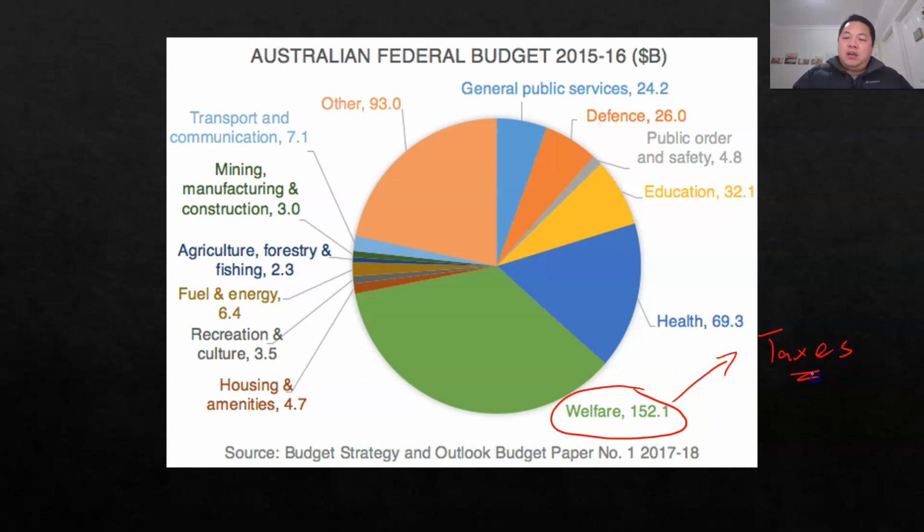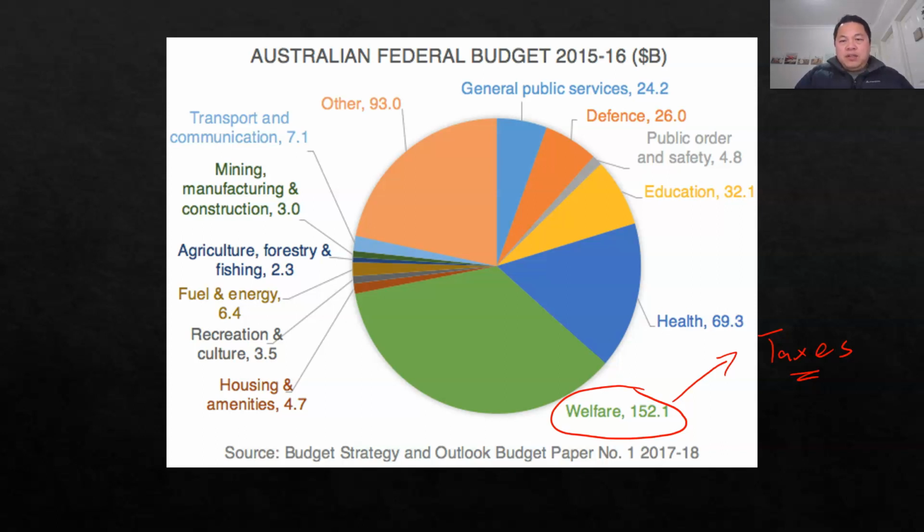That's why in our country, our taxes collected are quite high compared to some other countries. The taxes are being used to support people who are less advantaged as compared to those people who are working. So that's a good indication.